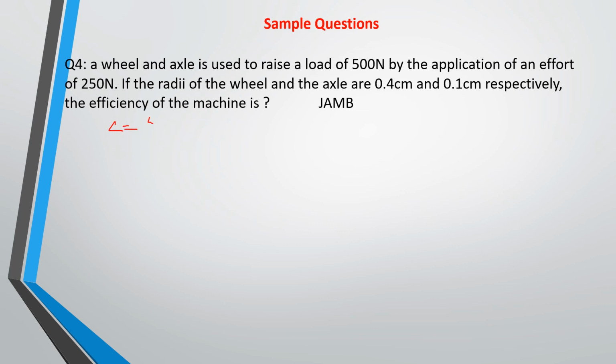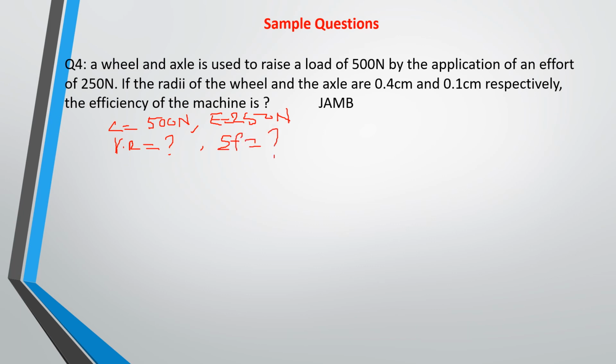Load is given to you to be 500 Newton already, and the effort is also given. So you already know the effort to be 250 Newton, but velocity ratio is not given to you, and you are asked to find efficiency.